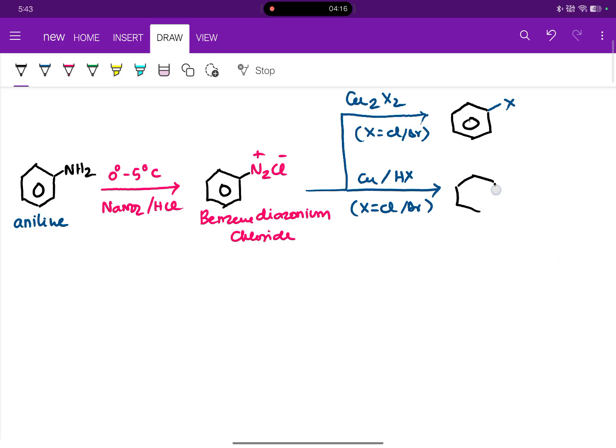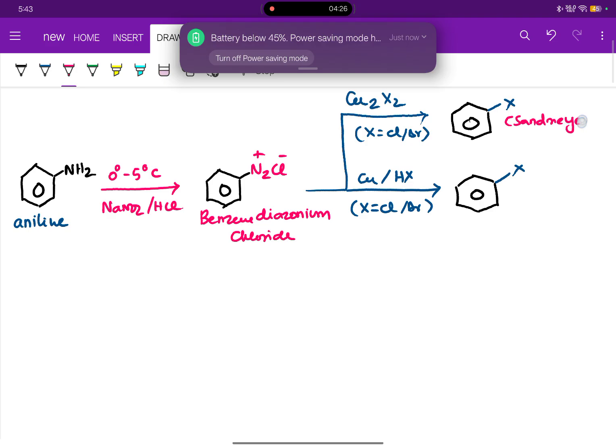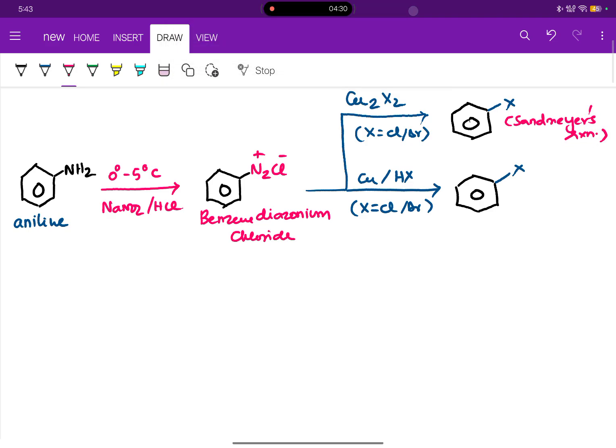Again you have the benzene ring attached to the halogen. This reaction is called Sandmeyer's reaction. And this is called Gattermann's reaction.